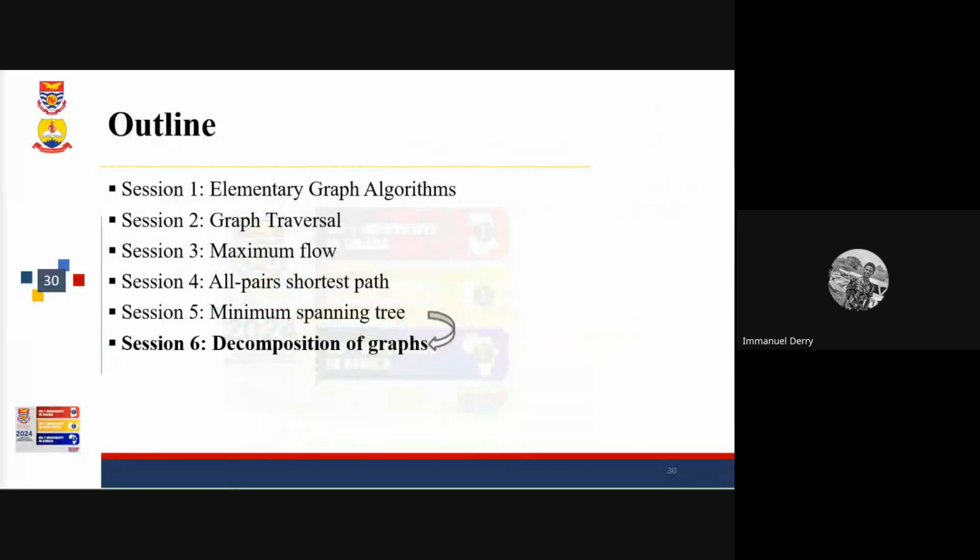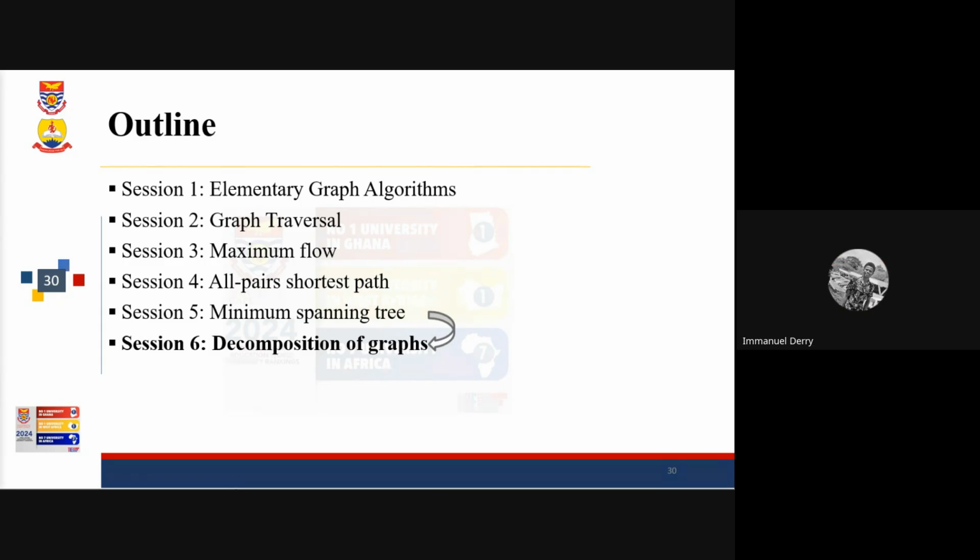All right, so let's talk about the final concept, which is decomposition of graph. And I believe all of us understand what decomposition basically means. Please, you can help us understand decomposition.